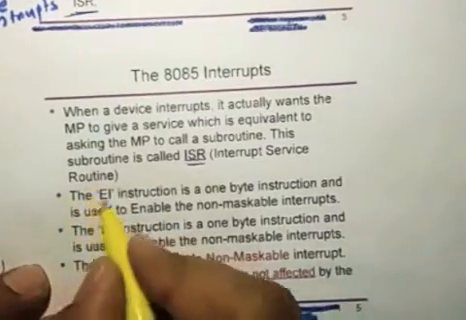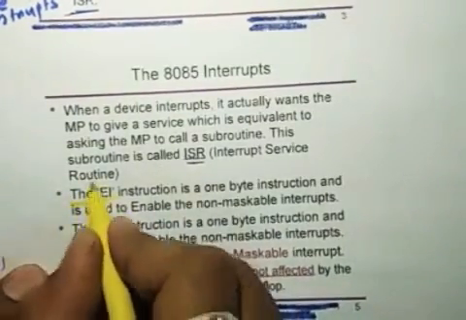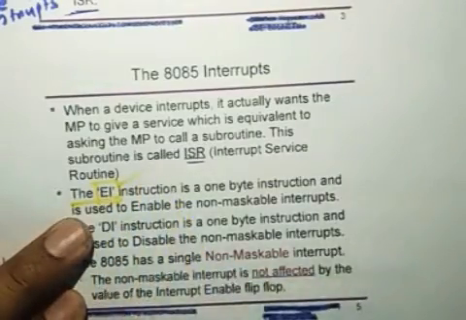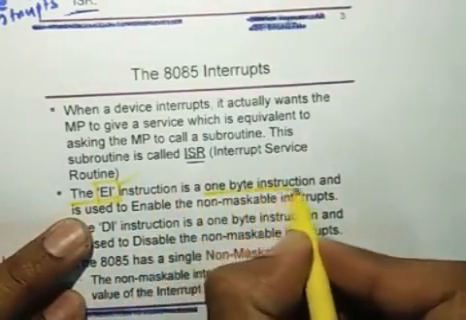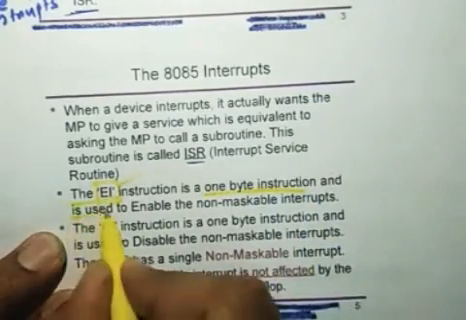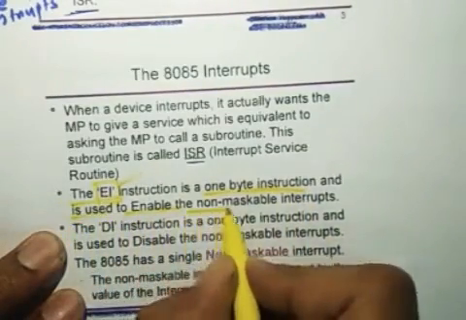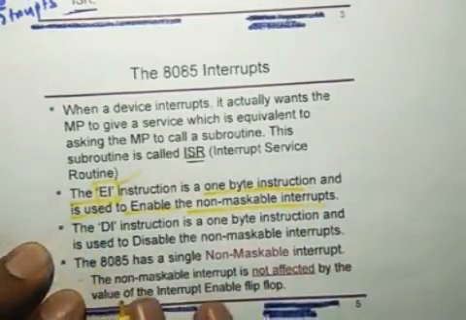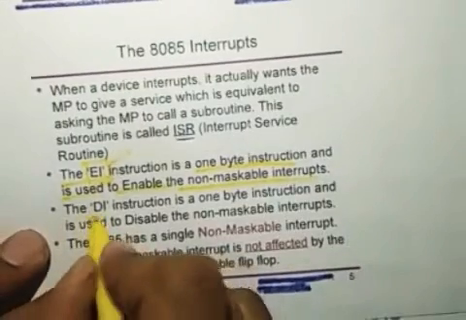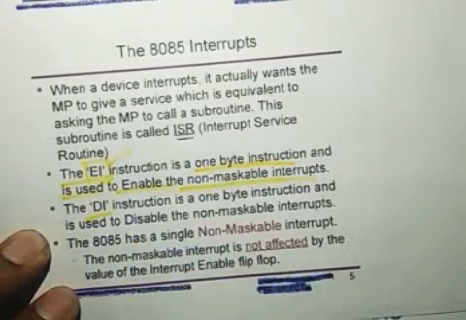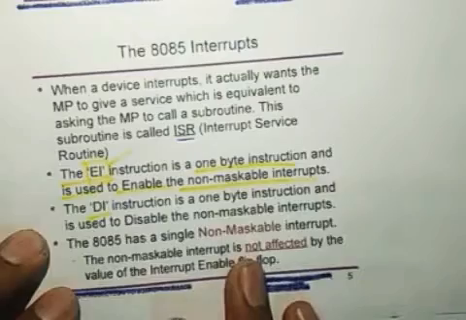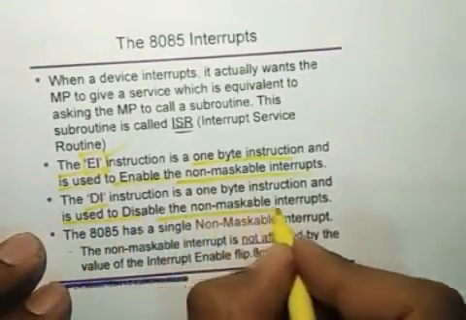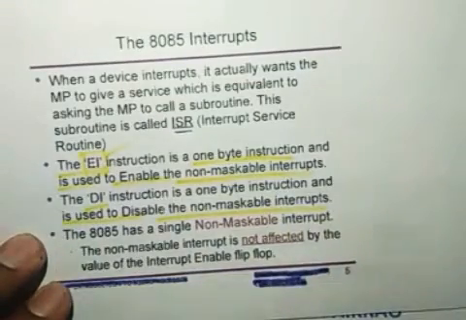The first one is EI, that is the enable interrupt instruction. This is a 1 byte instruction and is used to enable the interrupt. The second one is DI, disable interrupt, which is again a 1 byte instruction and is used to disable the interrupt.